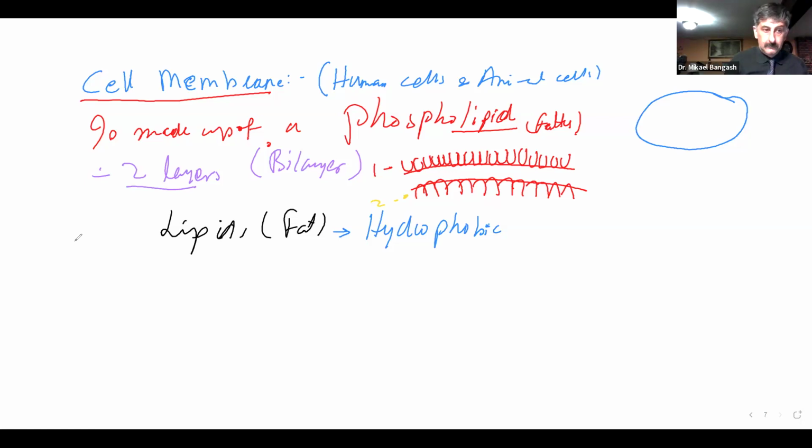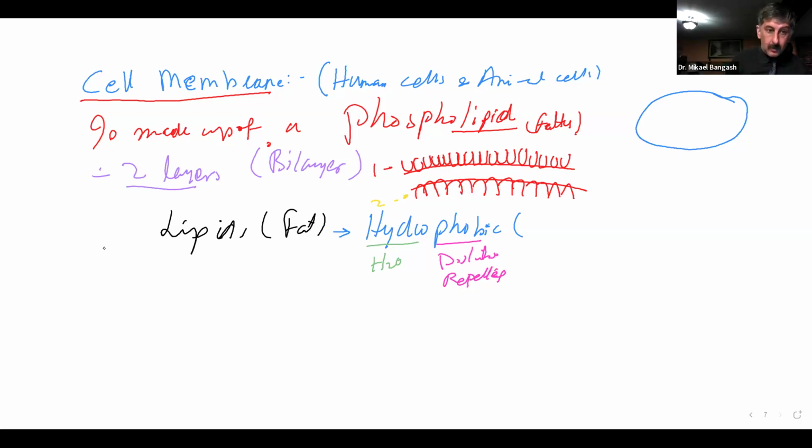Which mainly will mean hydro is fluid, or in this case, water. Phobic is either disliking, or more correctly, repelling. Which theoretically means that water is going to be repelled or pushed away by the cell membrane.